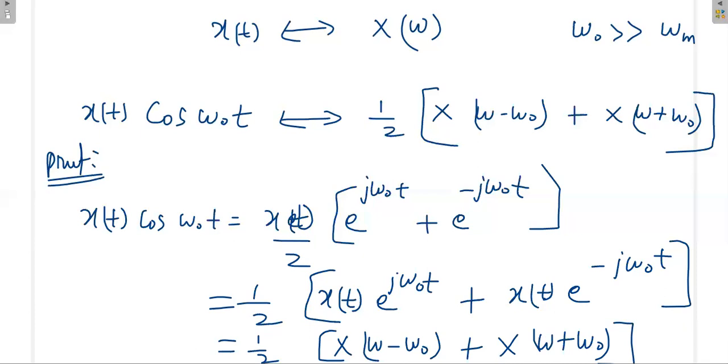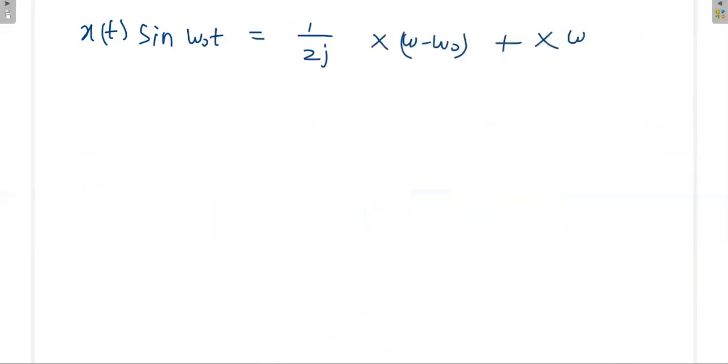Next, for the modulation property, instead of cos we may also use sine. So x(t) sine omega naught t is equal to 1 by 2j [X(omega minus omega naught) minus X(omega plus omega naught)].